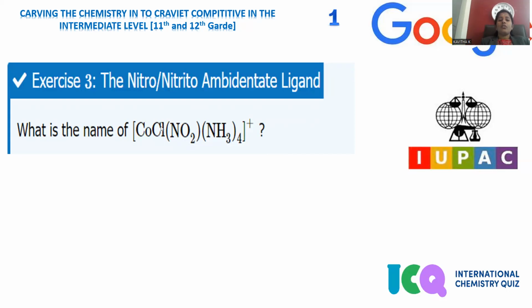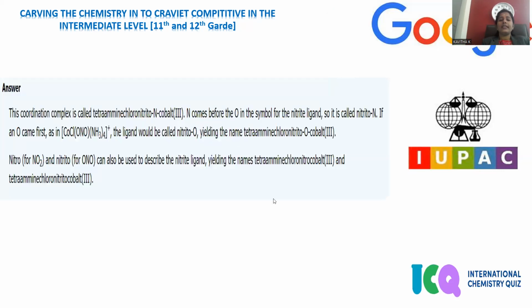Because chloro is there, NO2 is also there, and one positive charge is there. The entire charge is counterbalanced with the +3 charge on the central metal, so the oxidation state of the cobalt metal is +3. So this is the way tetraammine, chloro, nitrito-N, cobalt(III) cation is the name of this.